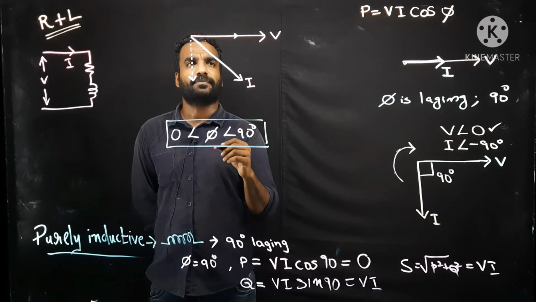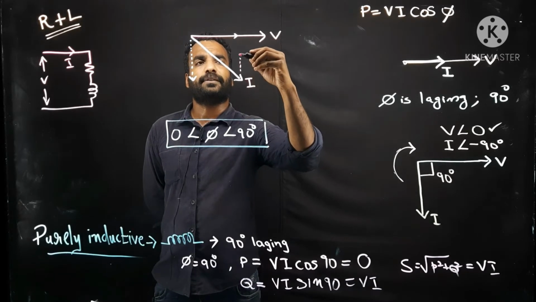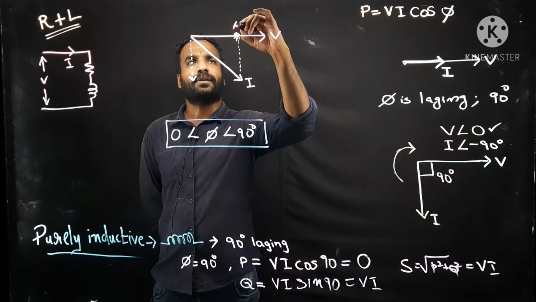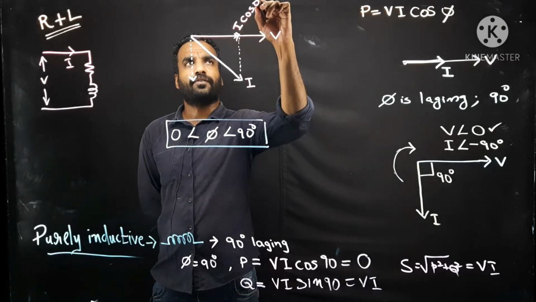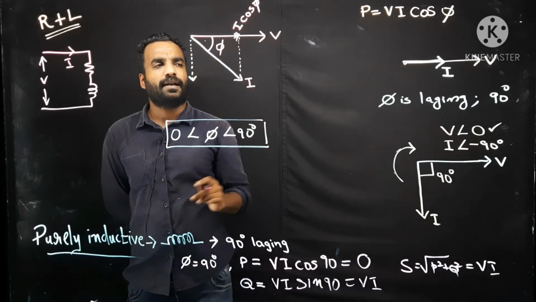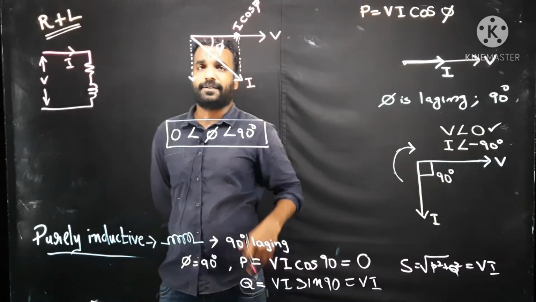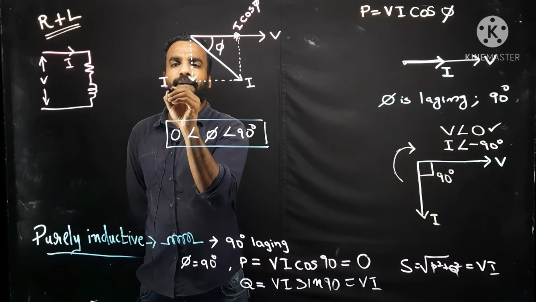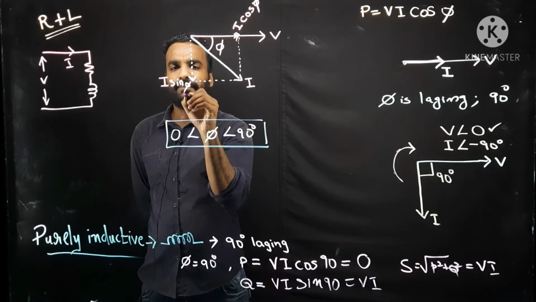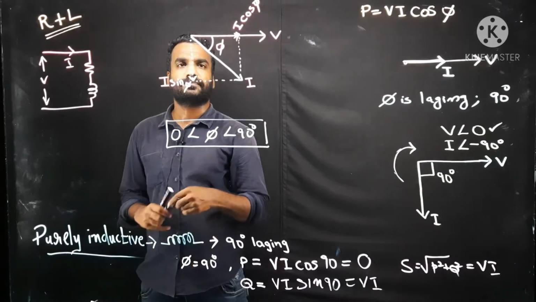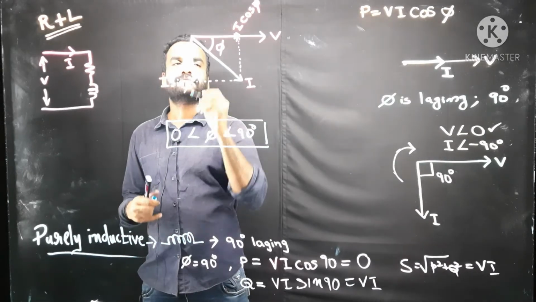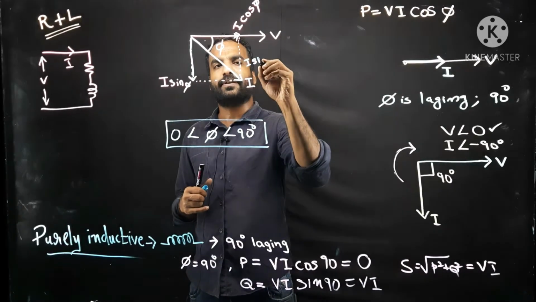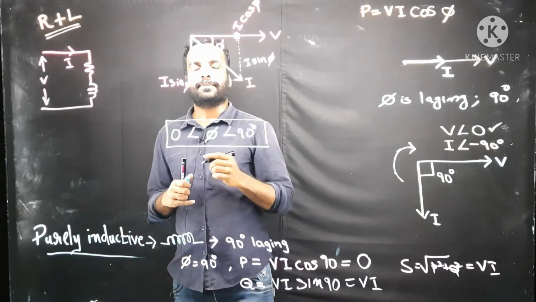This will be the current. Now the current can be split into two components. One component will be I cos phi. This is the phi angle, where phi is the angle between voltage and current. So this component will be I cos phi, and this component will be I sin phi. As this is I sin phi, this is also I sin phi, just parallel.